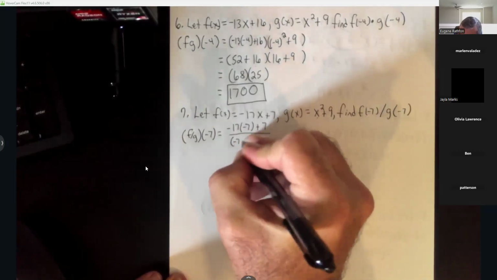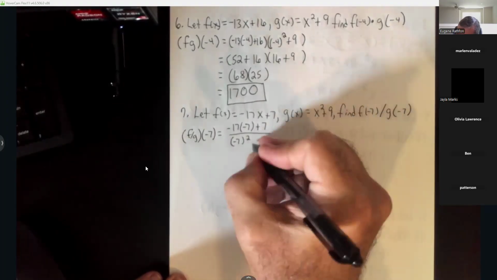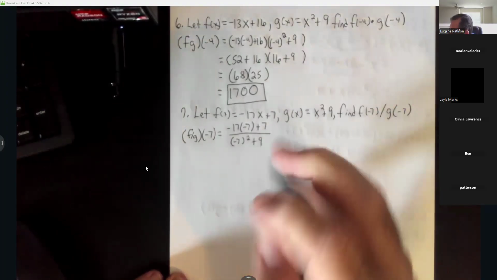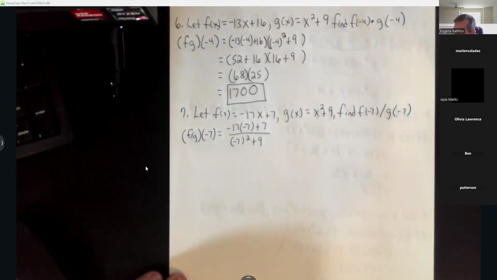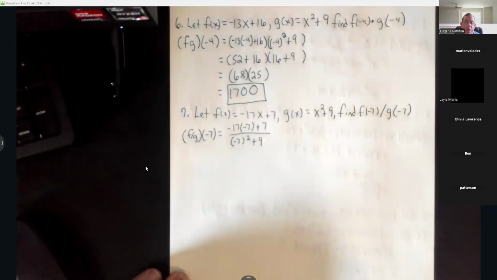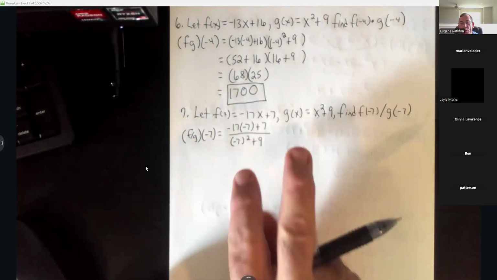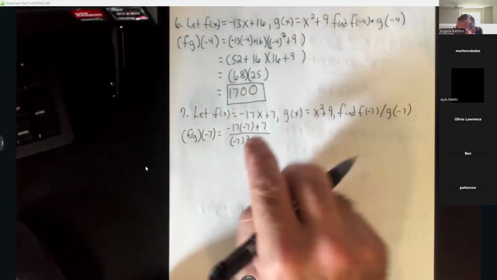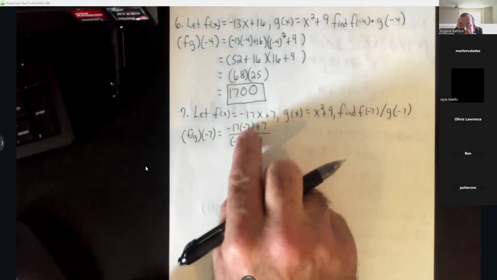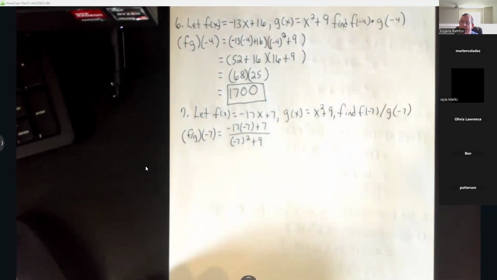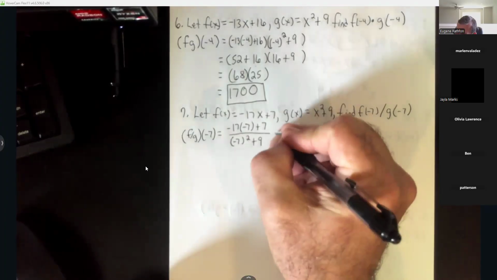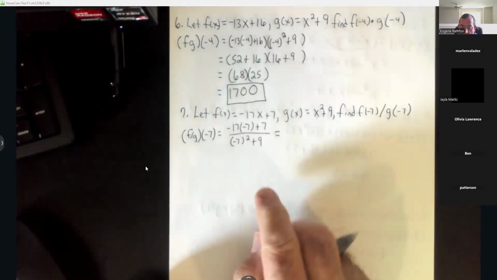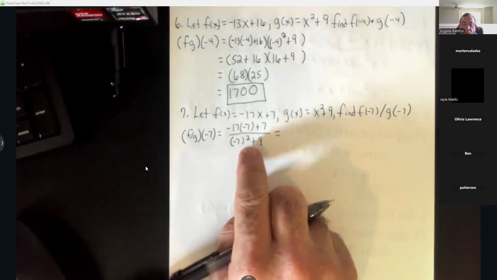So that'll be negative 7 squared plus 9. When you've got fractions, if you were to do this on your calculator, you could punch it in like a fraction like it looks, and it'll spit out the answer perfectly, okay? I'll actually pull my calculator up and show you how I would do that.